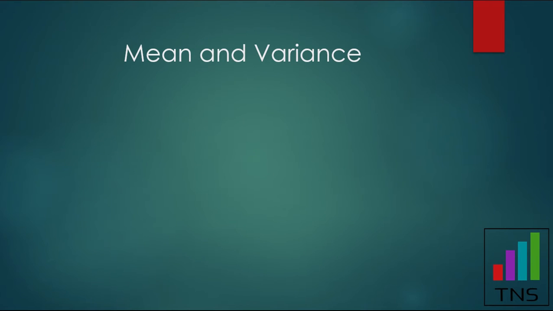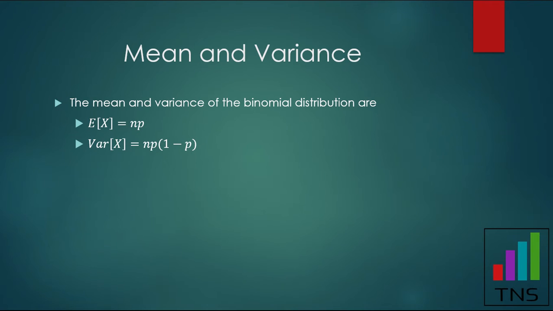And so, like always, we want to talk about the mean of any statistical distribution, and of course its variability. Here they are. The mean is actually really simple. This is seen in pretty much all introductory stats textbooks. It's basically the sample size, n, or number of trials, times the probability of success, p. And the variance is just that sample size times the probability of success times the probability of failure, which can be expressed really easily as 1 minus the probability of success.